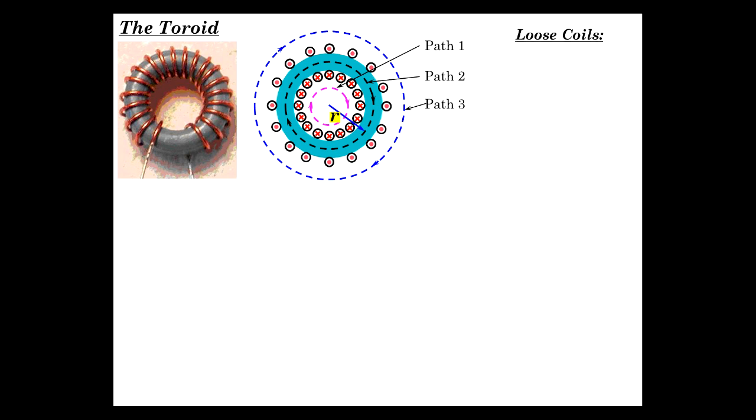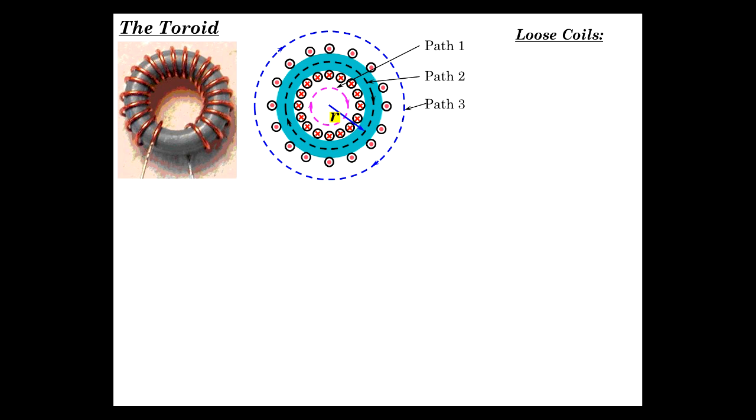Now if the coils are loose, think about this, the charge is flowing around here, and as it flows around through the wire, you have charge circulating around this entire toroid, based on the drift velocity of the charges. Well, if you have that, use the right hand rule on the charges, and you'll find that you have a B field pointing into the screen here.